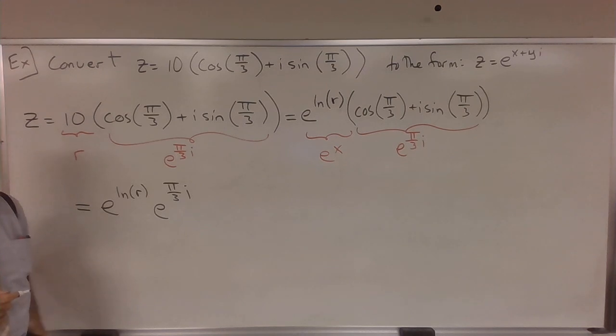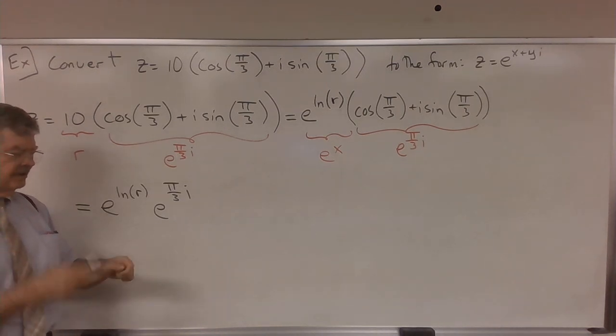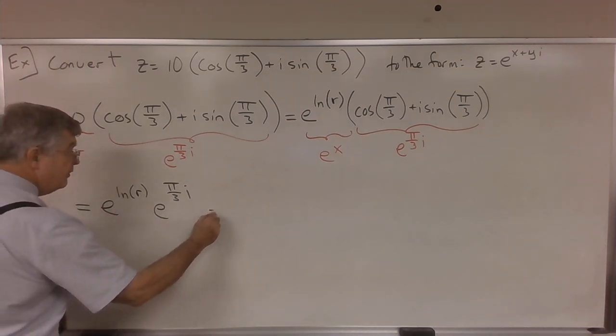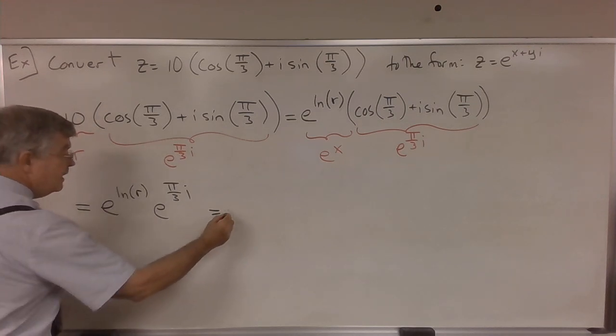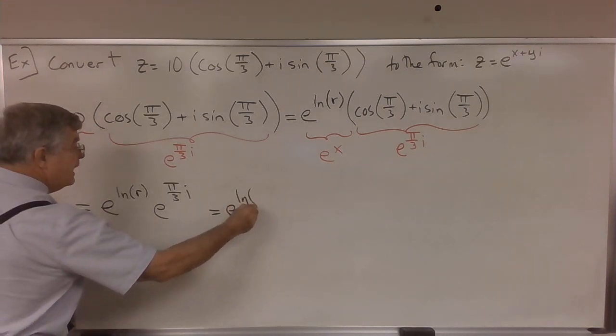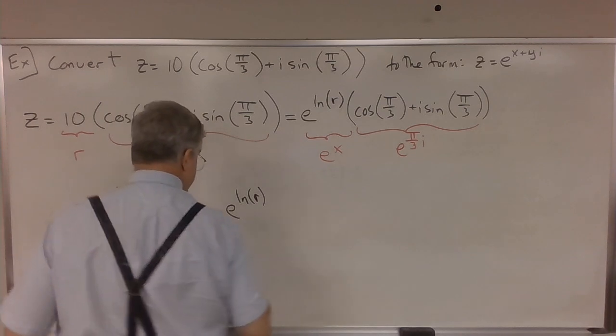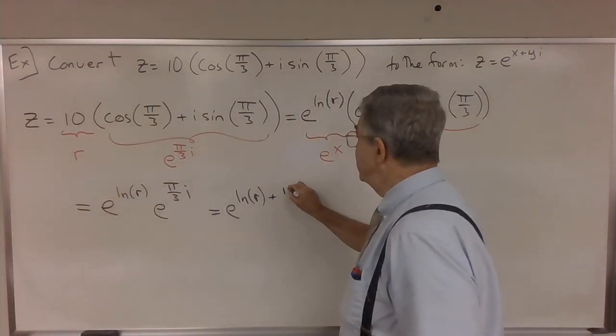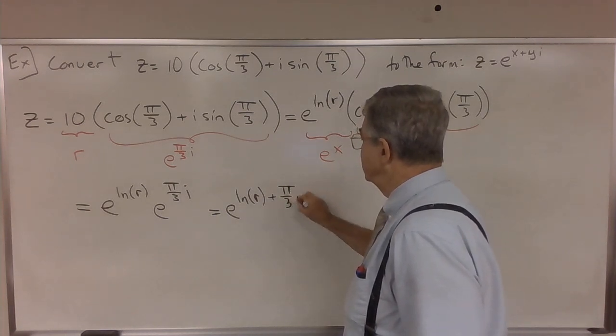What do the exponents do? Drum roll, please. They add, don't they? So this is e to the power of natural log of r plus pi over 3I.